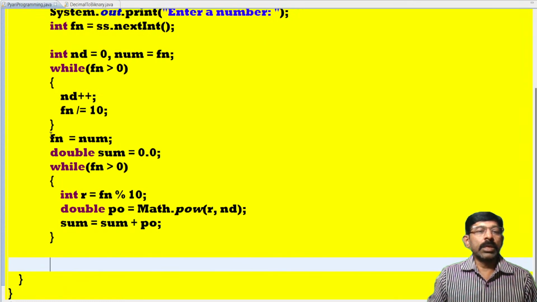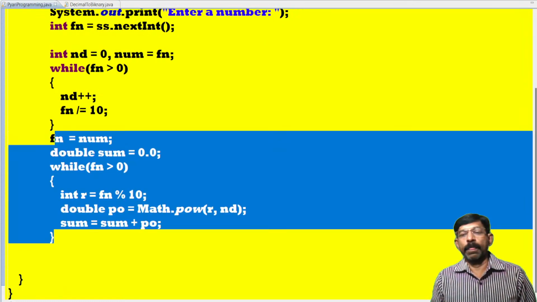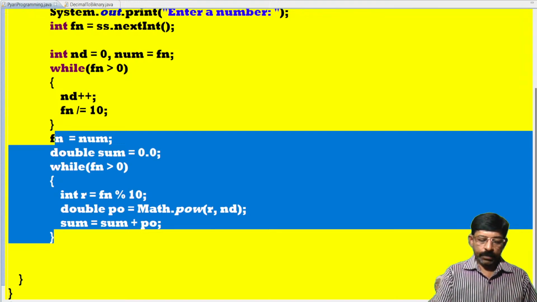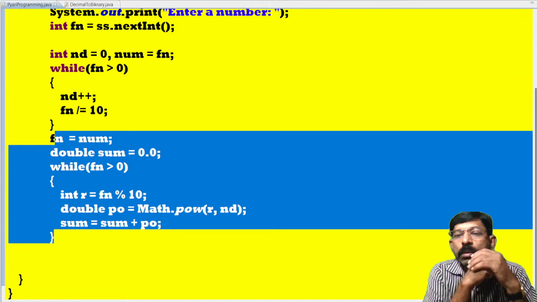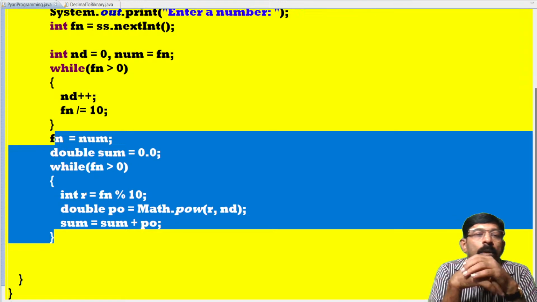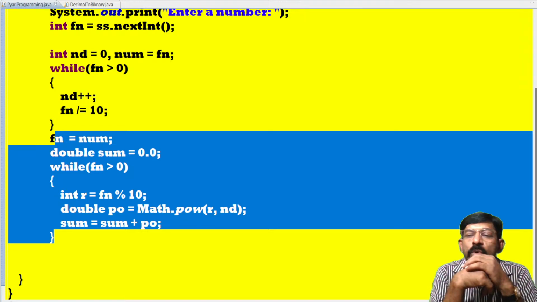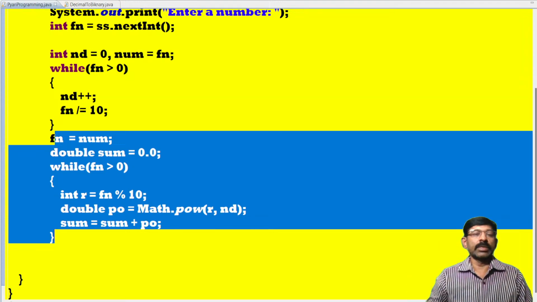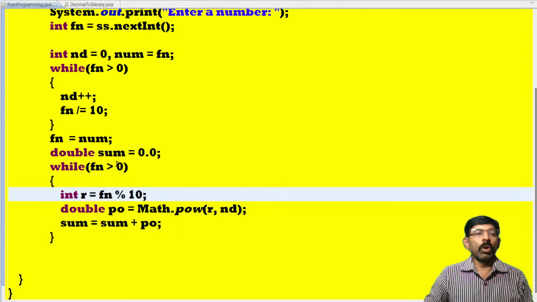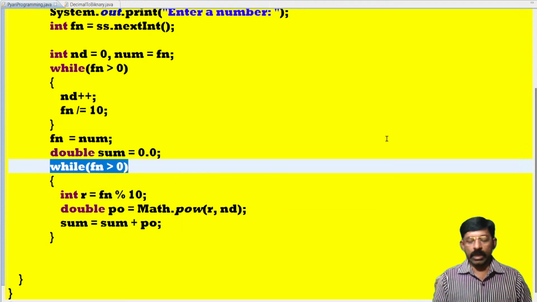9th class, this part understood? How we have calculated each digit to the power number of digits. Here, old mechanism, I'm checking the number is greater than 0.